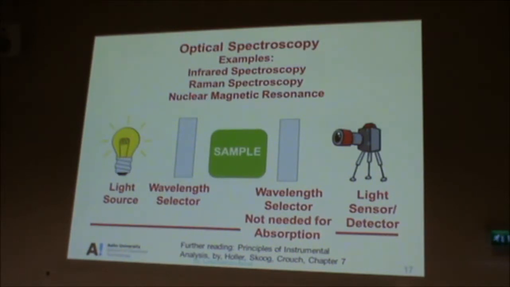You have a source of light, and a wavelength selector. I will tell you in a while why we need a wavelength selector. We have a sample holder, and then again a wavelength selector in case we need it, and then we have a sensor that detects the wavelength, intensity, etc. Now we will go one part at a time. What is each of these doing in the entire process?